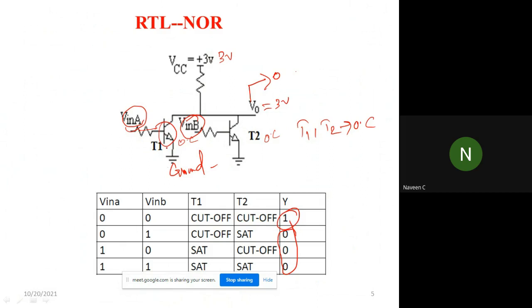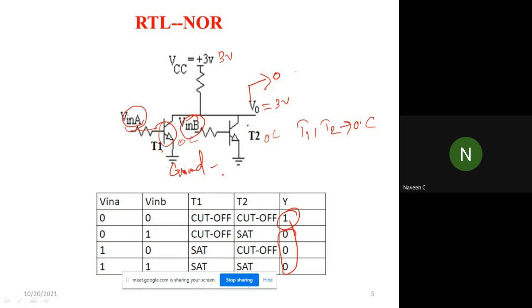Either T1 or T2, any of these two starting to conduct, automatically your VCC will get grounded directly, means you won't get any output. Whenever these two transistors T1 and T2 are both open, that is, when both are in cutoff region only, you will get some output in your circuit.